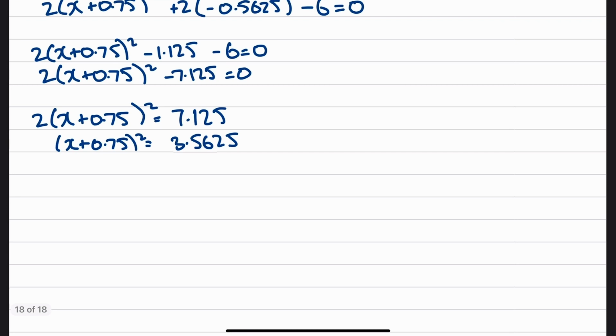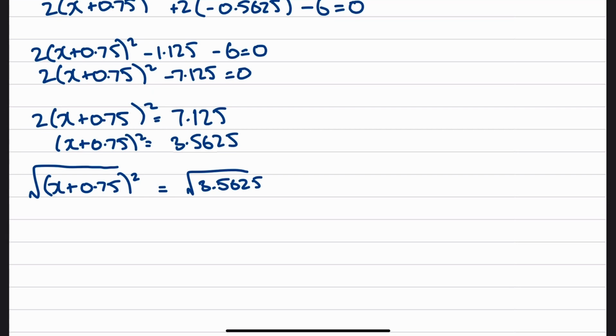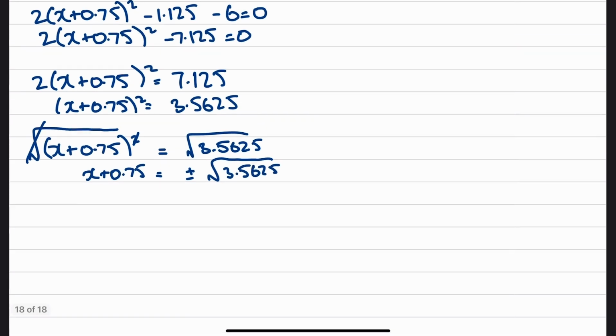And then we can just square root both sides, and of course the square root and the whole square cancel out, and what we're left with on the other side is a plus minus under root 3.5625.